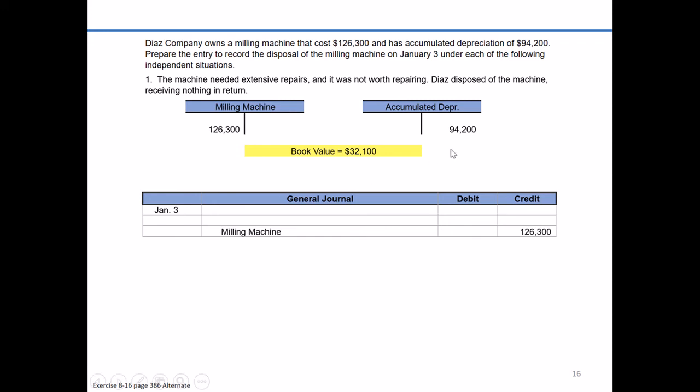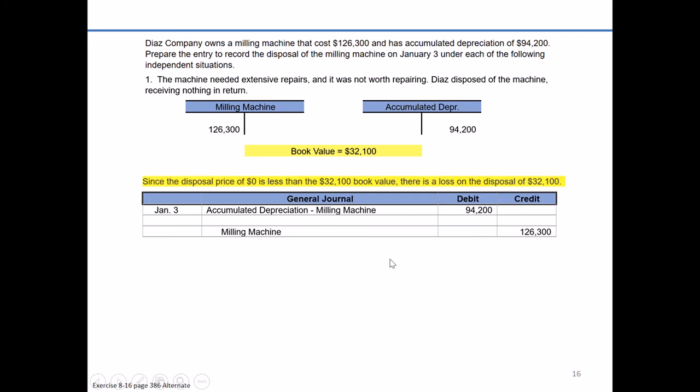We also need to remove the related accumulated depreciation. It currently has a credit balance, so we're going to remove it by debiting accumulated depreciation for $94,200. Well, this is great. We remove the cost, we remove the accumulated depreciation because we no longer have the piece of equipment, but we have an unbalanced entry.